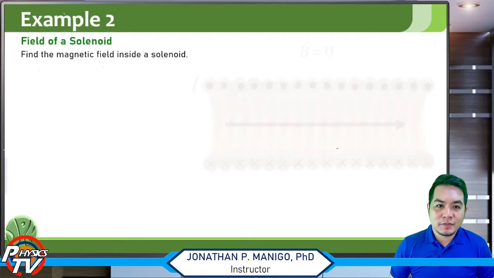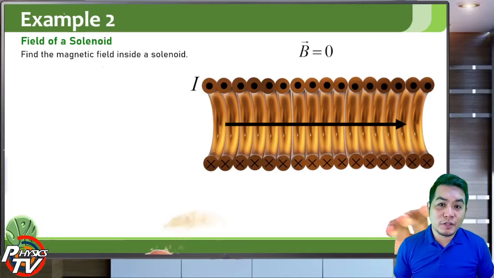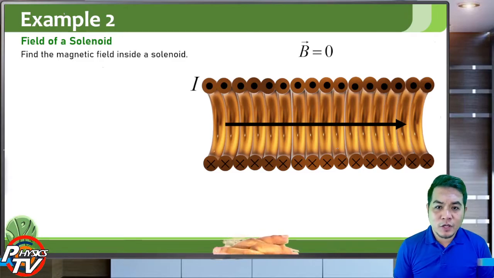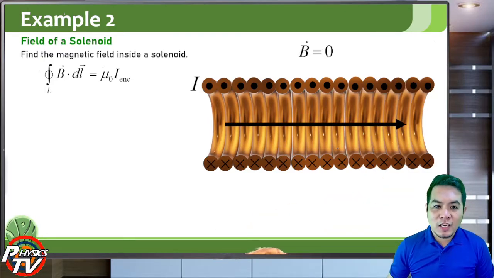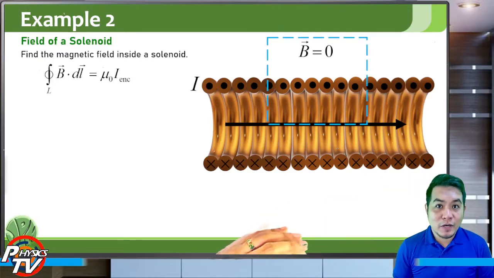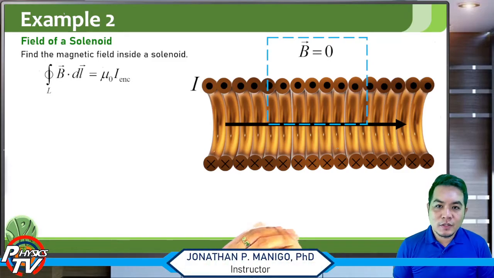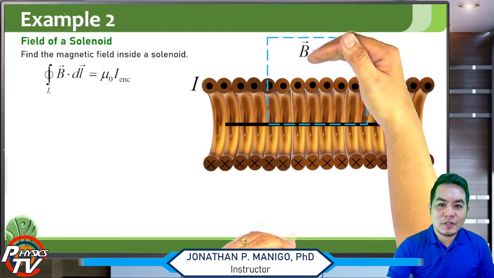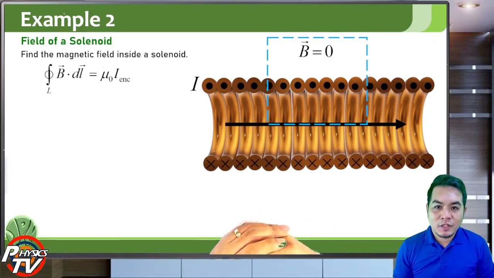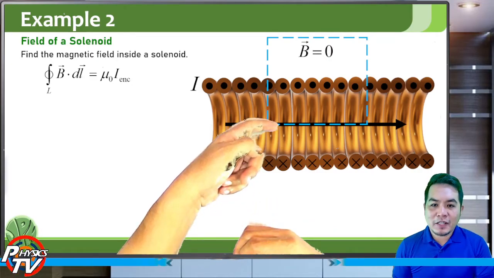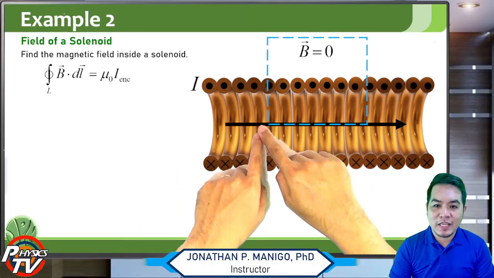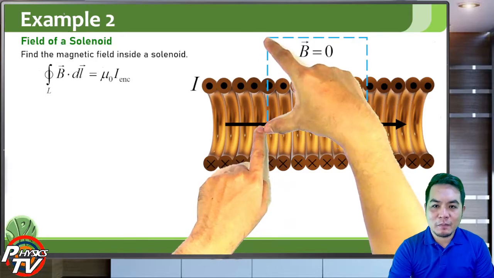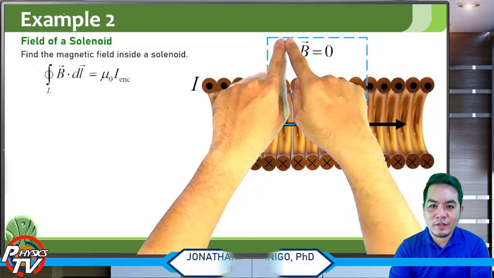So another example, solenoid. Again, we already know the field of a solenoid. What we will do is make an Amperian loop, and our Amperian loop here will be a square. We will assume that the magnetic field outside is 0, and we'll actually have 4 segments: this segment, this segment, this segment, and that segment.